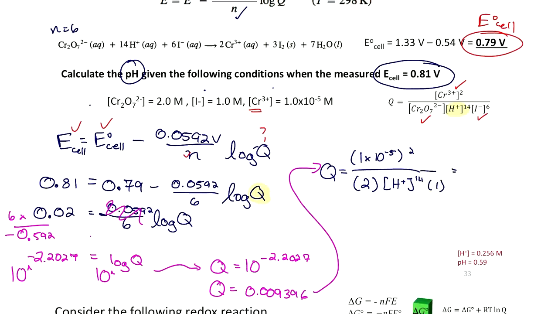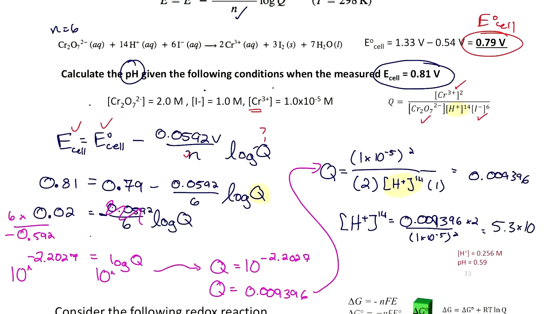Perfect, and that is equal to 0.009396. So we are solving for H plus, which is in the denominator. I don't like that. So I think you move things around and you get H plus to the 14th power is 0.009396 times 2 over 1 times 10 to the negative 5 squared. And so that is equal to what?